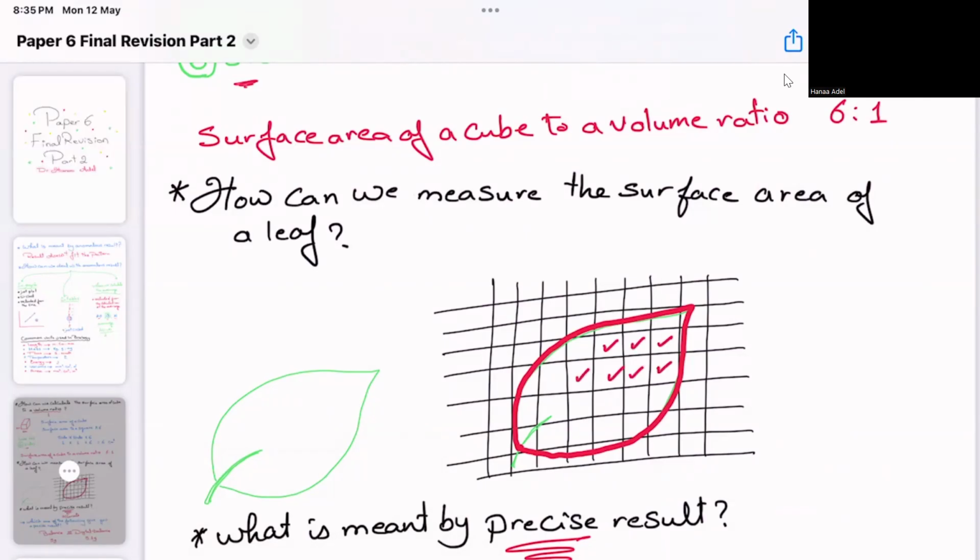So count it, count it, counted, fully squares. And then we can find some of the squares are not fully covered, but maybe half and above. So if it is half and above, just count it also. So we can find this counted, counted, counted.